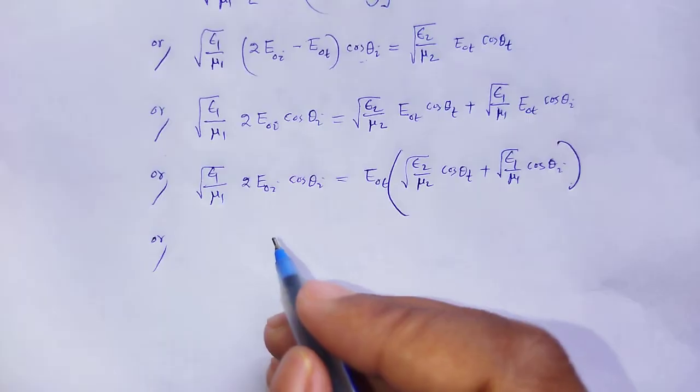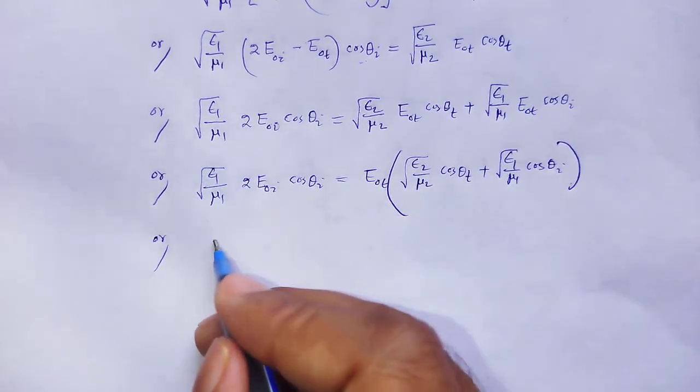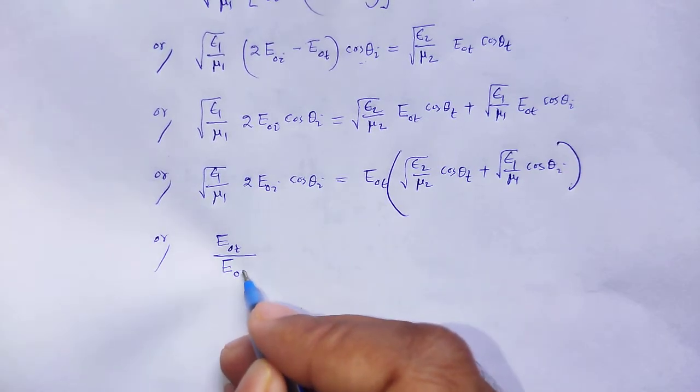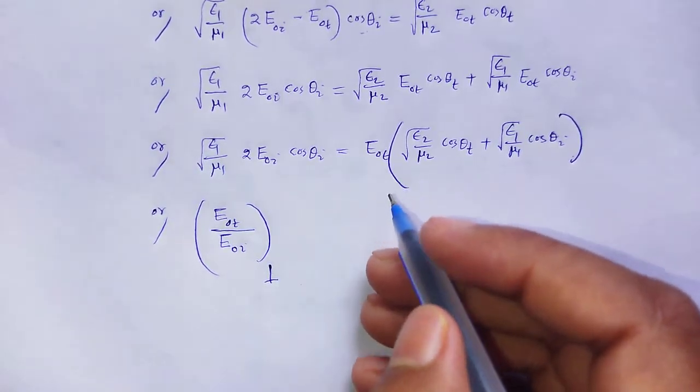Our aim is to calculate what? The ratio of E0T to that of E0I at what situation? That is at perpendicular situation.